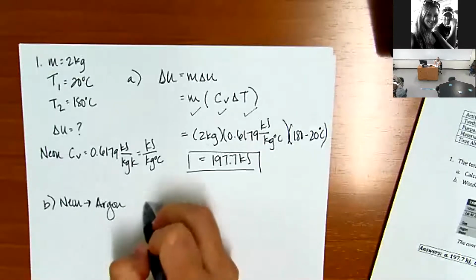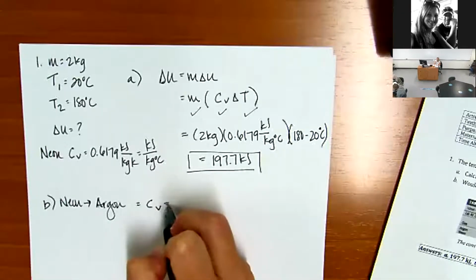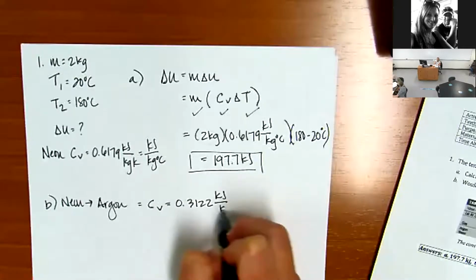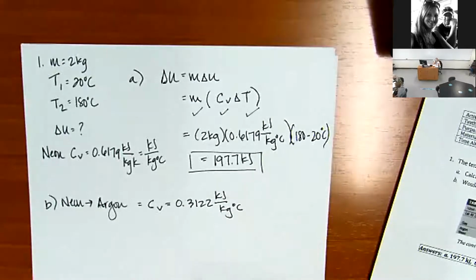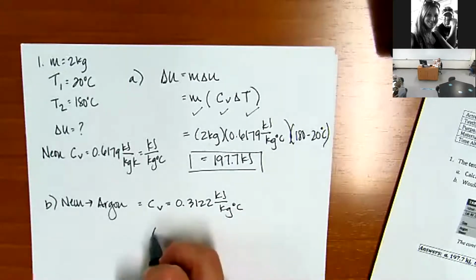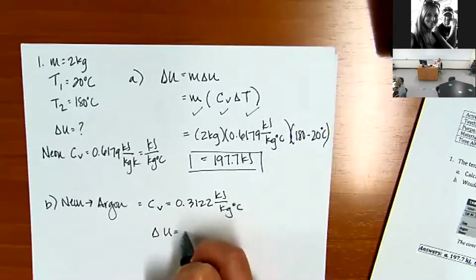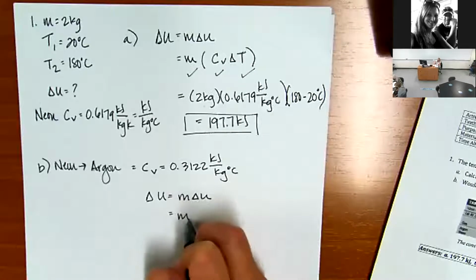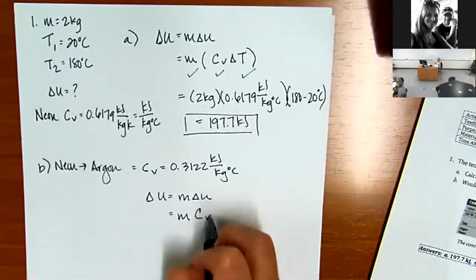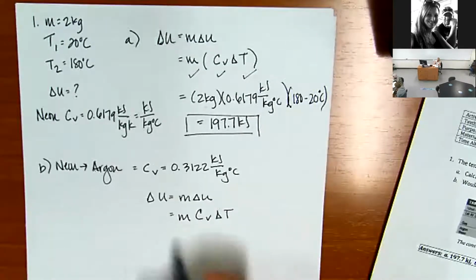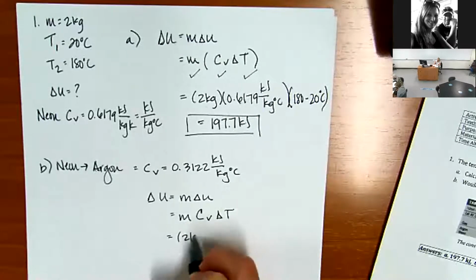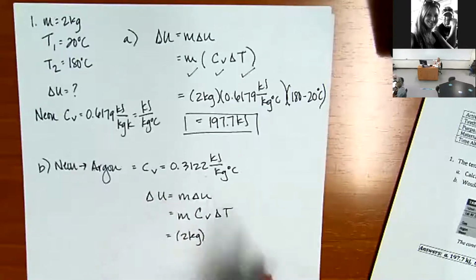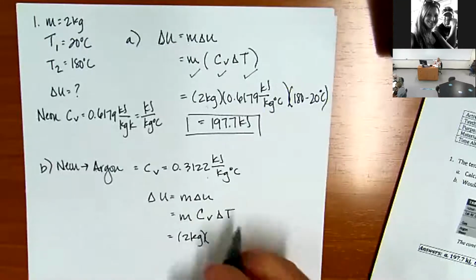For argon, we have a C sub V value of 0.3122 kilojoules per kilogram degree Celsius or Kelvin. So if we just work the same equation, delta U equals M times specific delta U. M is still 2 kilograms. U, we can still do as C sub V times delta T. The only thing that's changing here is our C sub V, and it is going down, so it's almost half the specific heat.